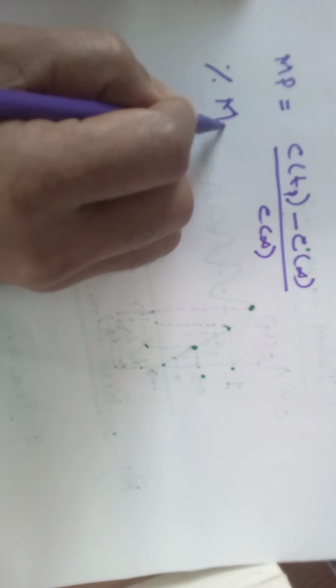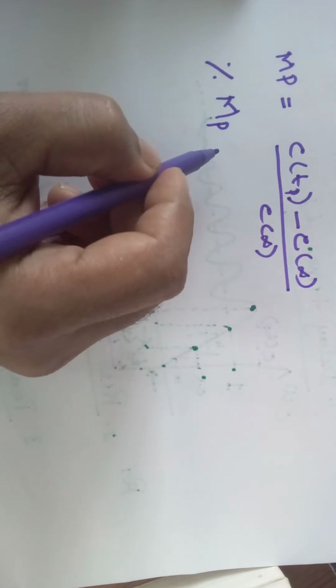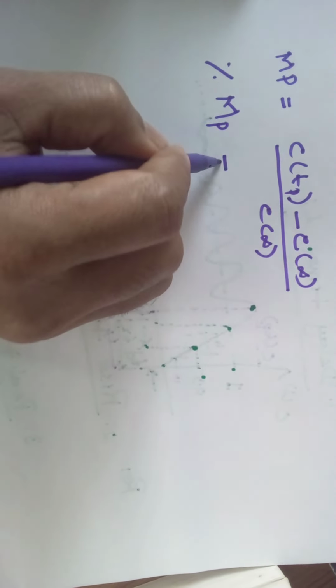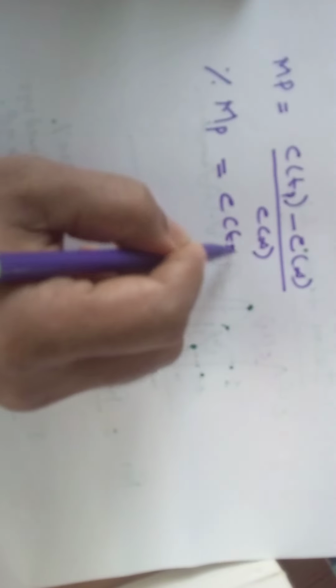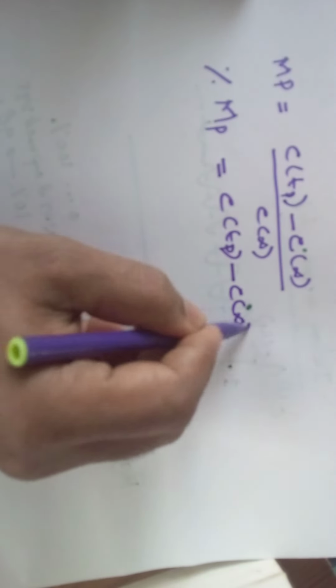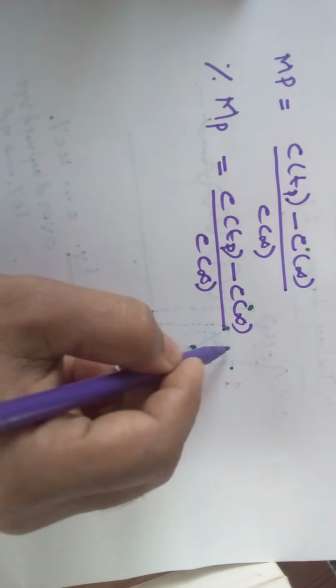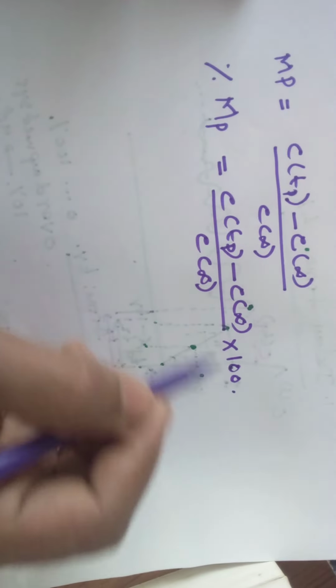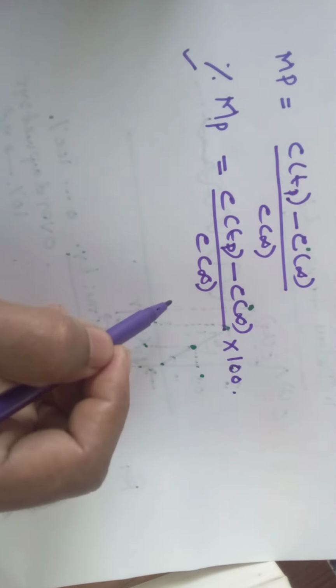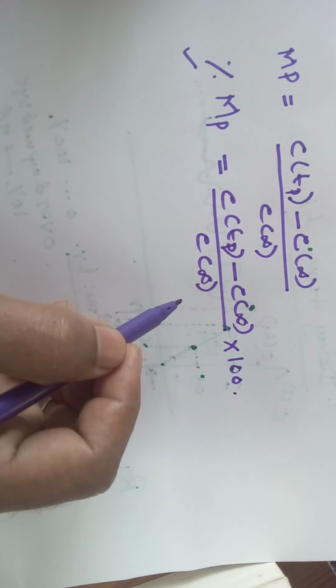Therefore the percentage MP, or percentage peak overshoot, is equal to C of TP minus C of infinity divided by C of infinity into 100.